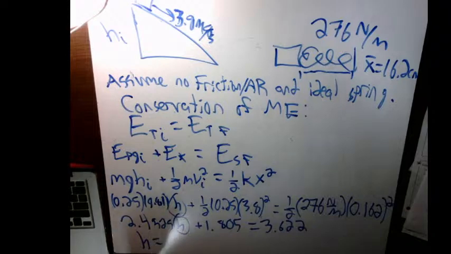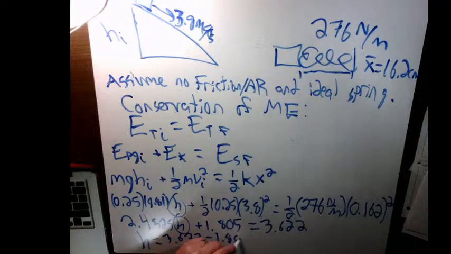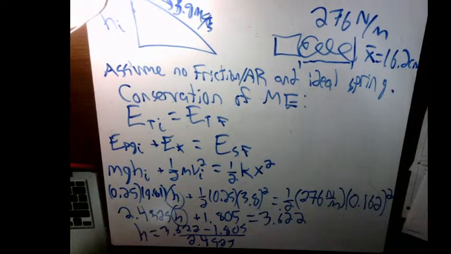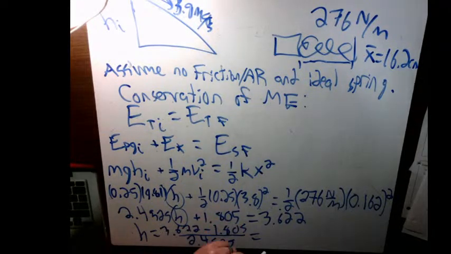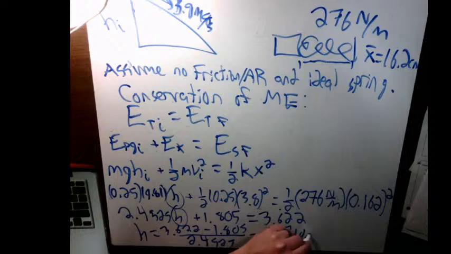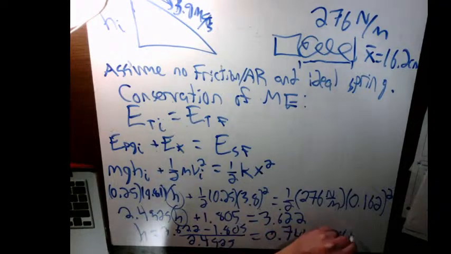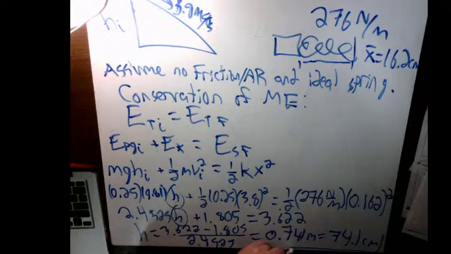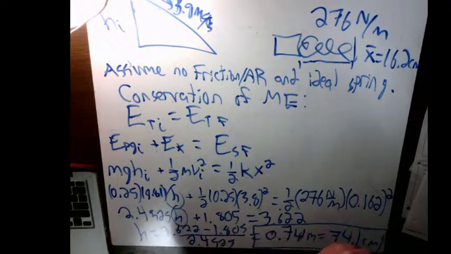It will be 3.622 minus 1.805, just bring that over and divided by our coefficient with the h, which is 2.4525. And it comes out as 0.741 meters or 74.1 centimeters. As long as we have 3 significant digits, it doesn't matter which of those we choose.